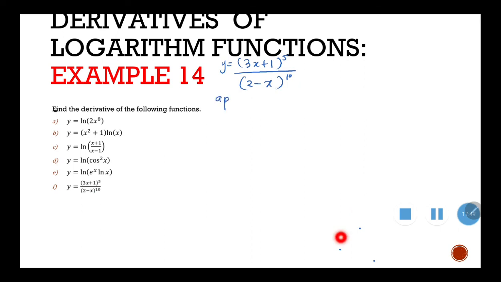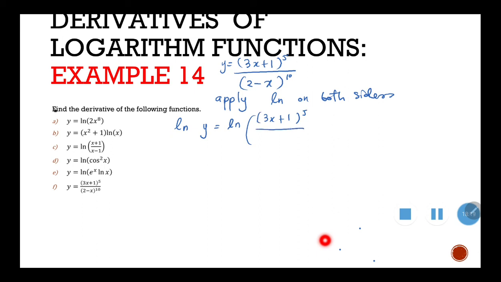So now we have to apply ln on both sides of the equation. So this one should be ln y, and this one should be ln of that expression.